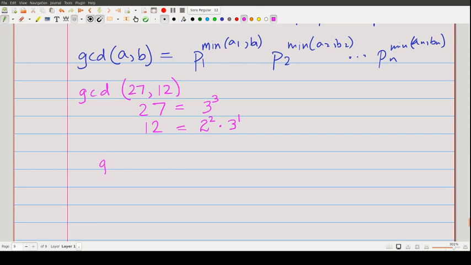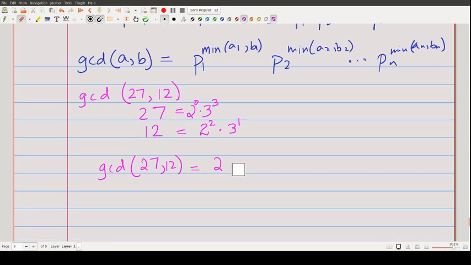And so then the GCD of 27 and 12 is, the first prime in this list is 2, and over here notice that 2 has power 0, so the minimum of 0 and 2 is simply 0, so 2 to the power 0.